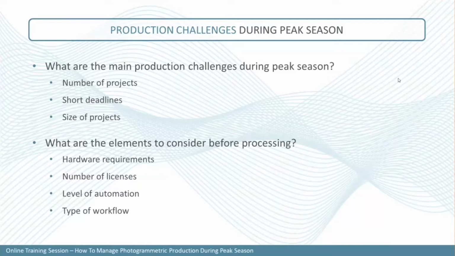And finally, the last thing to consider before starting your peak season is what type of workflow you want to have for your projects. Is it going to be a continuous flow of images? Is it going to be only smaller projects? All those things can influence the way you're going to manage your projects with Correlator 3D.